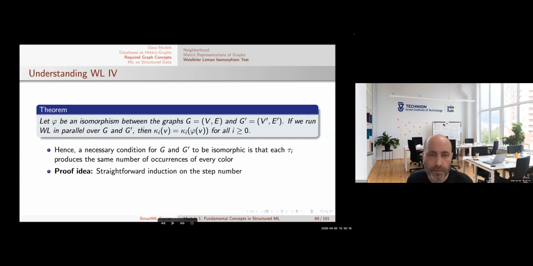And this is an obvious property, and you can prove it straightforwardly by induction. Okay, and so as we said, if two graphs are isomorphic, WL will say yes.